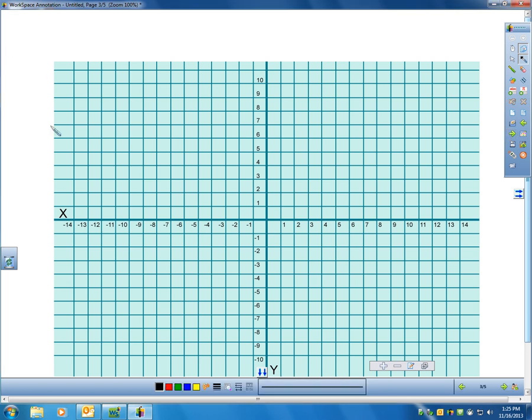So let me write that up here. My slope is 4 and my y-intercept's negative 3. So I'm going to go to negative 3 on my graph and plot that point. I'm going to apply my slope of 4, which means I'm rising 4 and running 1.